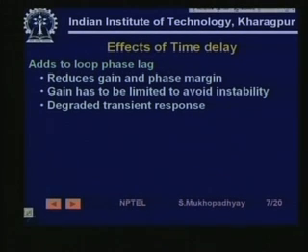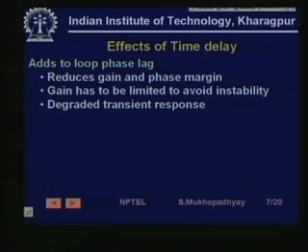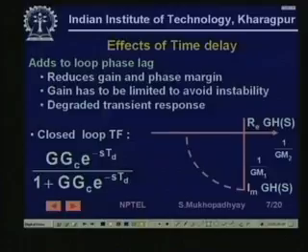But if, because of stability reasons, one has to use a lesser value of k, then that lesser value of k is going to cause a greater steady state error, which is a degradation in performance. So this is the major problem of time delay.